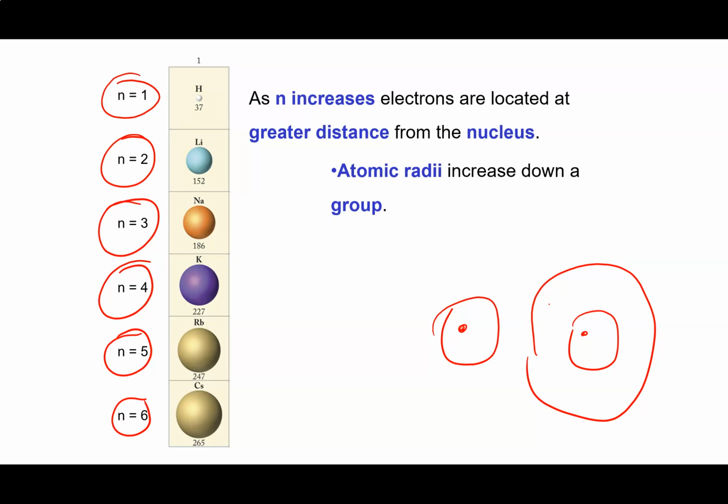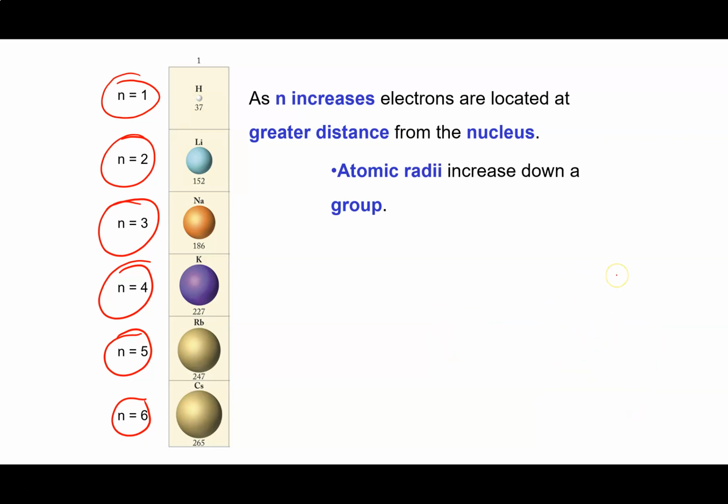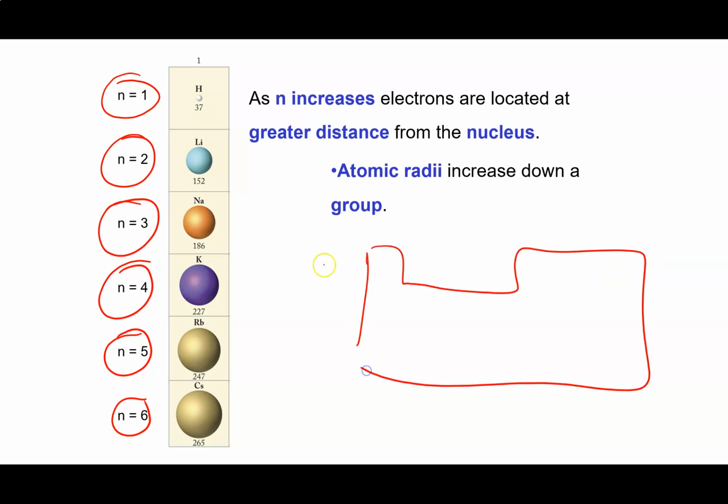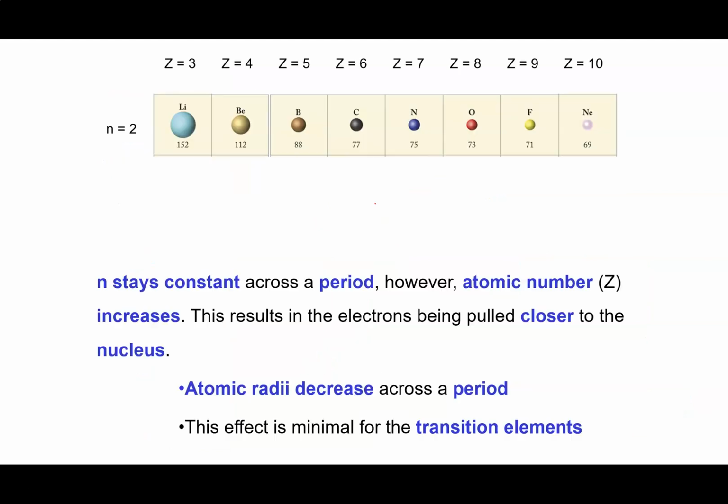They have a second shell, and so forth until we get down to period 7, and they have 7 layers of electrons. So it's not surprising that as we head down the periodic table, the atoms get bigger. Okay? So what happens as we go across? What happens as we go across the periodic table? So atoms are going to get bigger as we go down a group.